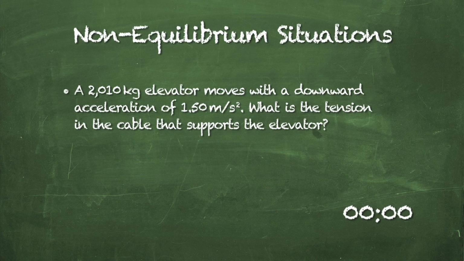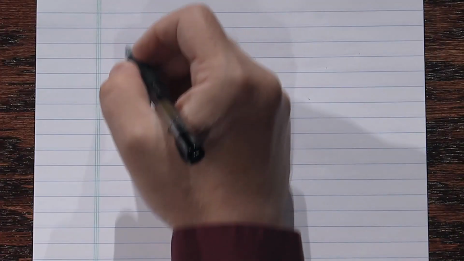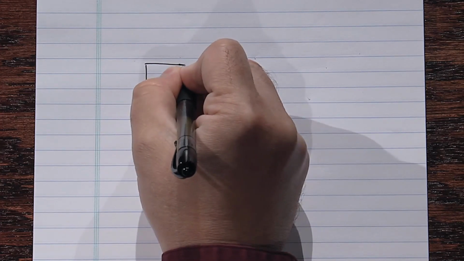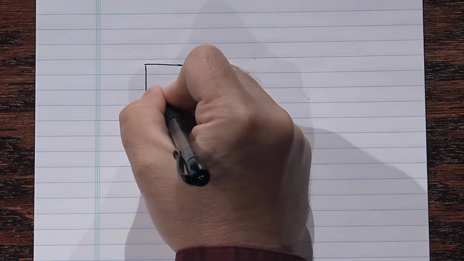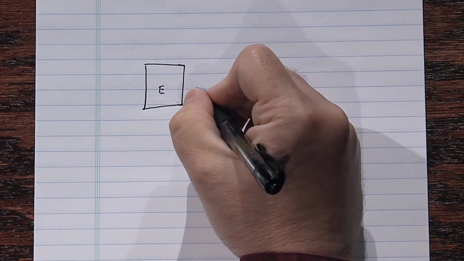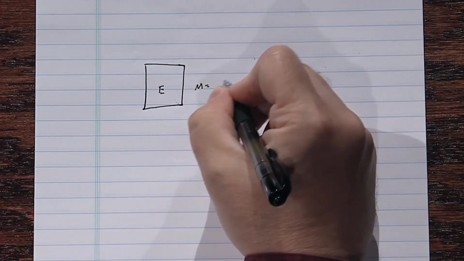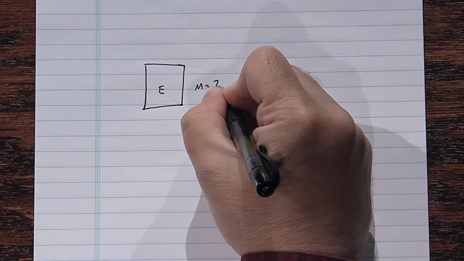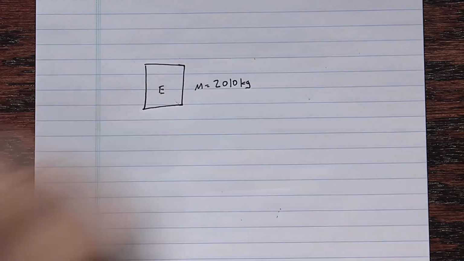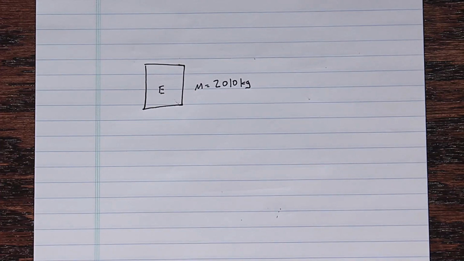Okay, let's create our model of this situation. We start with an elevator. Once again, a box, E for elevator. We know that the mass of the elevator, we were given the mass of the elevator is equal to 2,010 kilograms. That's one of our knowns.